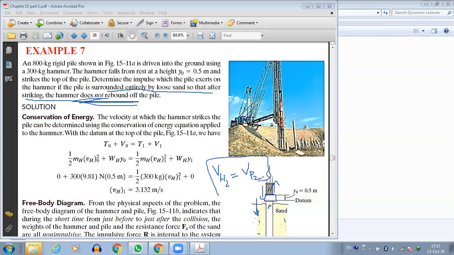After collision, it does not rebound, and the hammer moves with the pile. Do you understand this? This last statement is giving you this law. That was the code and we decoded it. Before moving forward, is everything clear so far or not?